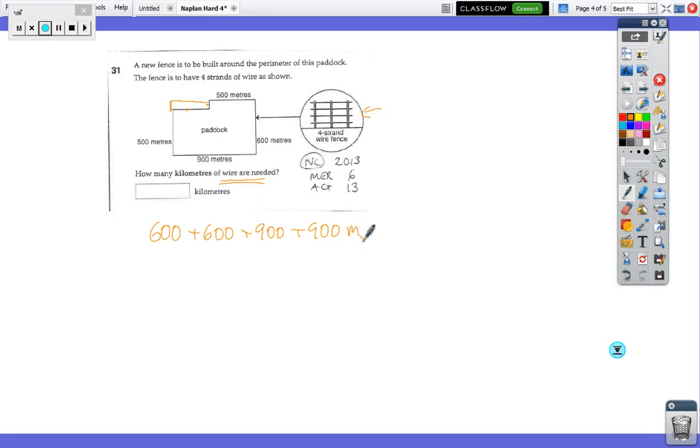So 6, 12, 21, so we've got 3,000 metres, which is 3 kilometres. So we've got 3 kilometres of fence, but each side has 4 pieces of wire, so multiply by 4, so we need 12 kilometres of wire. If you write down 3, I can understand, but each kilometre has 4 pieces, so it's 12 kilometres altogether.